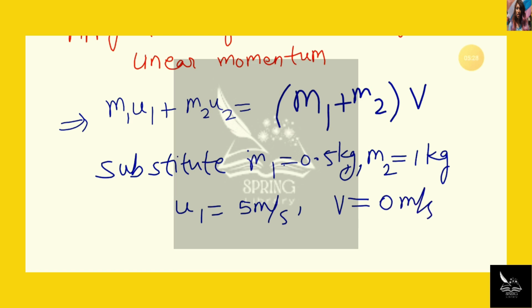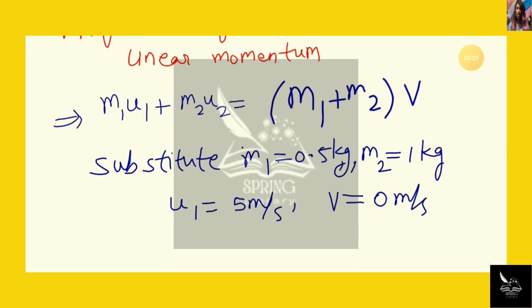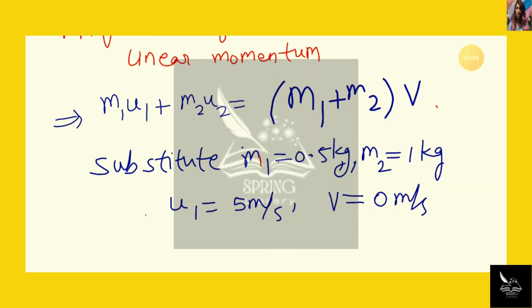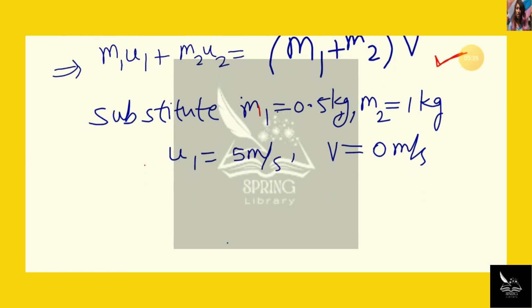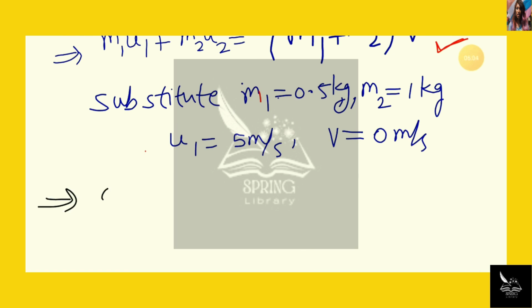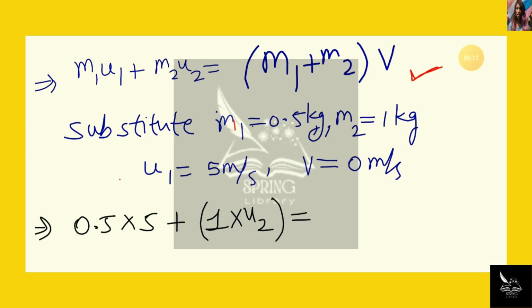After substituting this data in the above step, it will be written as 0.5 times 5, plus 1 times u2, is equal to m1 plus m2, that means 0.5 plus 1, that is 1.5 times v, which is 0.